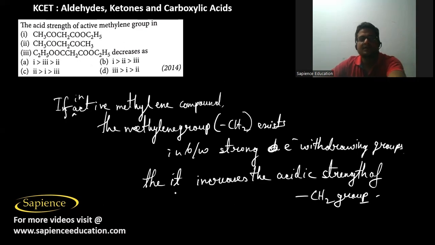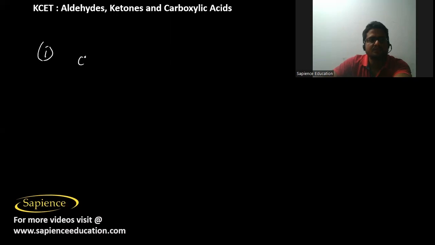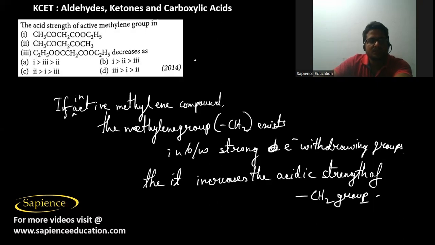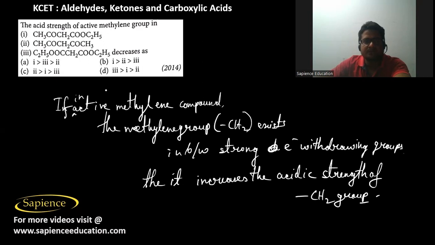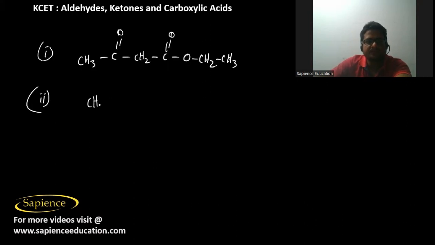So in the first one, we have CH3CO, CH2, and here we have COO, C2H5. It means CH2, CH3. And in the second one, we have CH3CO, CH2, then COCH3.